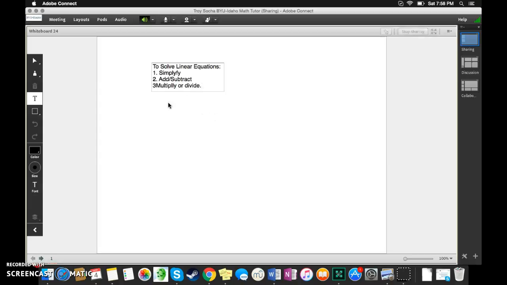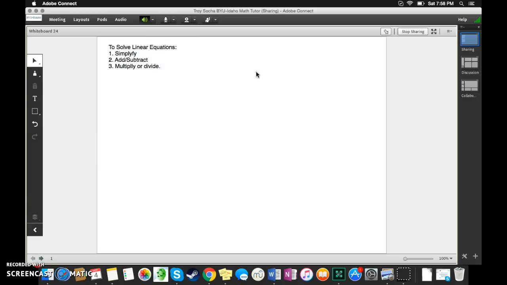So how does this actually work? Well, first we should probably define what a linear equation is. A linear equation is something with one variable. So say we had a linear equation that looked like this: t plus 2 minus 6t plus 8 equals 5.